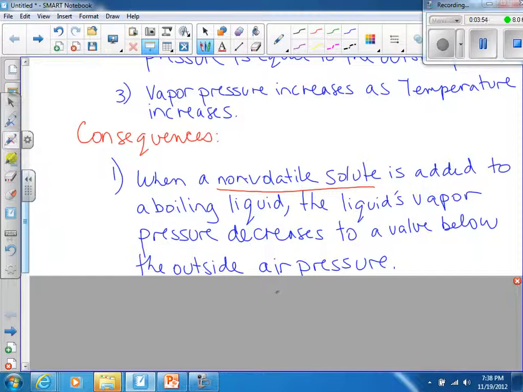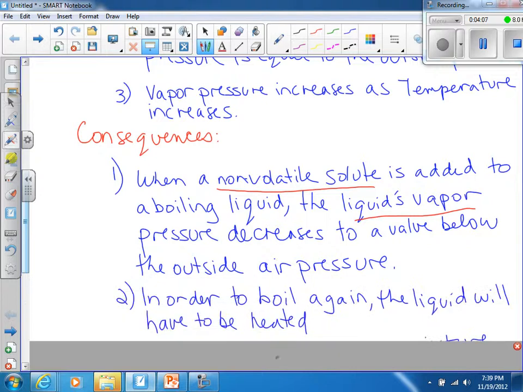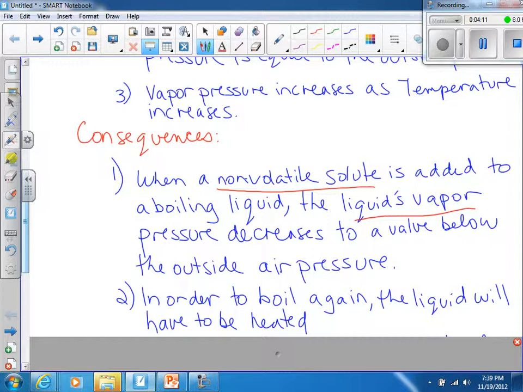Okay, so we have our boiling liquid, we add our non-volatile solute, the liquid's vapor pressure is going to decrease below what it was, and it was only at the outside air pressure. So that liquid would stop boiling, and in order to boil again, you'd have to heat the liquid up.